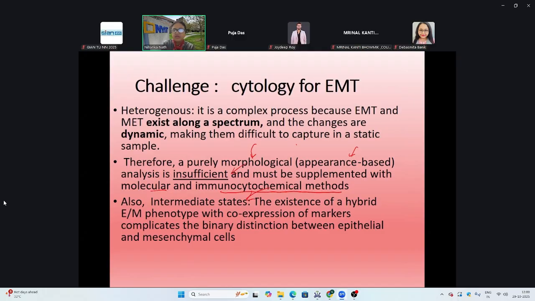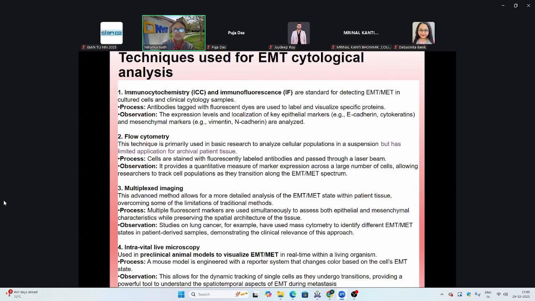Some of the cells don't look like they have a different shape. They are a hybrid, in between, an E/M phenotype together, because they co-express both markers. If they co-express vimentin and cytokeratin, not either or, because it's 50-50, then that's much more complicated. So you see how complicated it is to do this cytology.